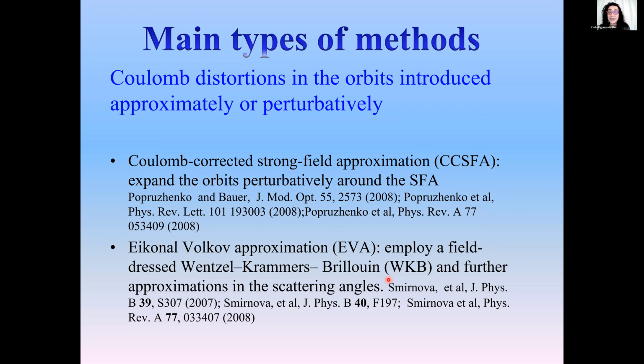Smirnova and Misha Ivanov in Berlin came up with the eikonal Volkov approximation, which is some kind of laser-dressed WKB approximation. So you have to be away from turning points, and you cannot have huge scattering angles.